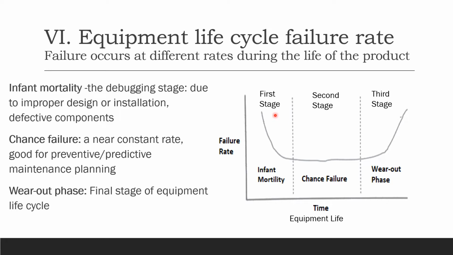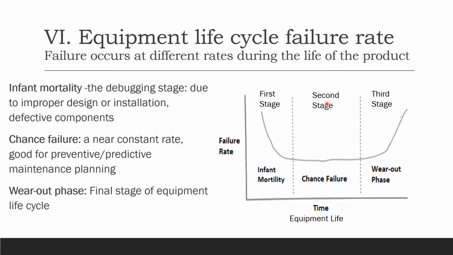What we do here is, because the installation is not good, or the improper design of the system or the component, the equipment is no good. So it's kind of a trial stage in the equipment life, and we call that infant mortality, because the system can go wrong if your installation isn't right, or if you have defective components in your product.